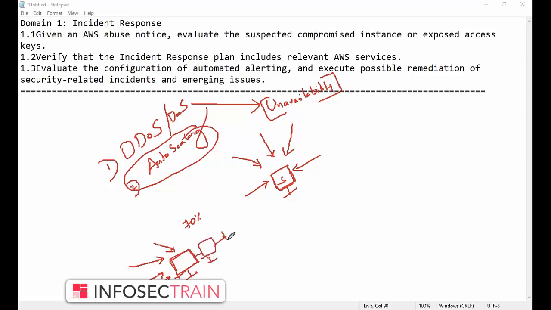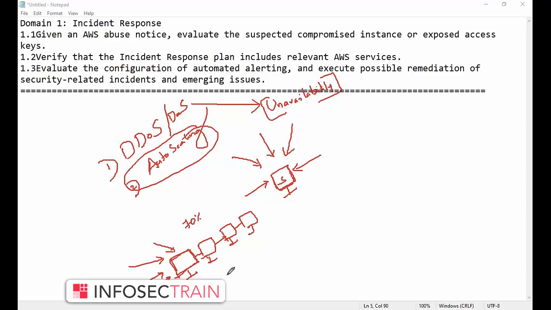Again, if it increases, it will add one more server. Likewise, the number of servers will keep increasing. So this one system alone doesn't have to get all the requests. The requests are spread to the multiple servers which we have auto scaled just now. So even if the attacker is doing a lot of attacks, the attack is spread across multiple areas, not a single one, right?